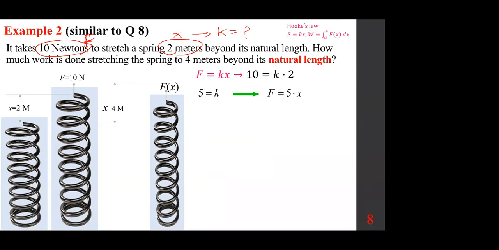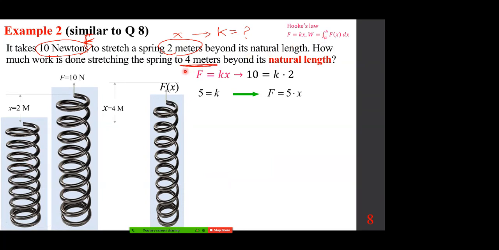Now the second part says, how much work is done stretching the spring to 4 meters beyond its natural length? That follows the formula that we have. Beyond the natural length by how much? 4 meters. So a is 0, and you're going to go from 0 to 4, everybody.